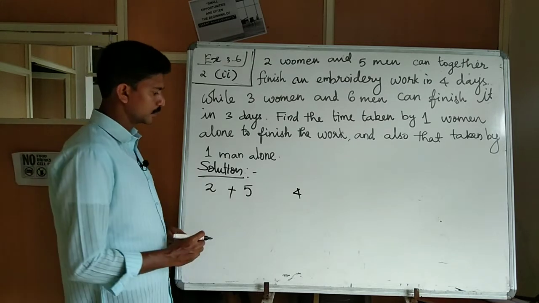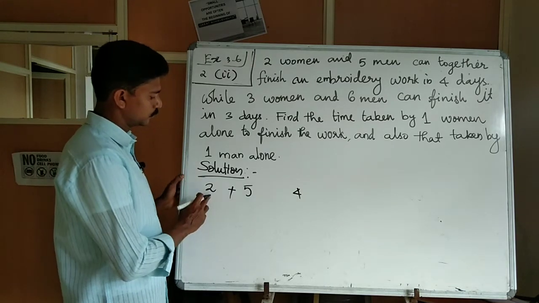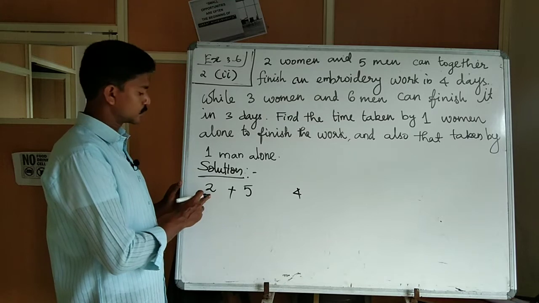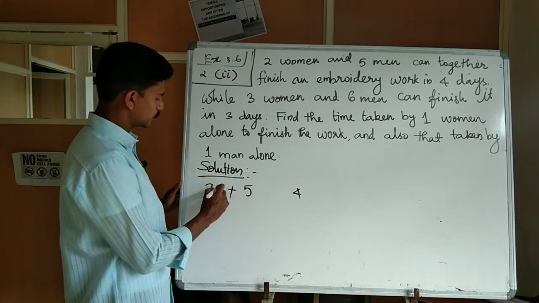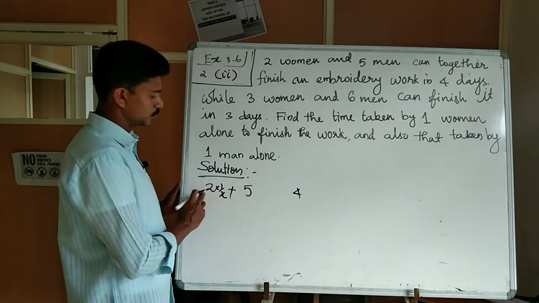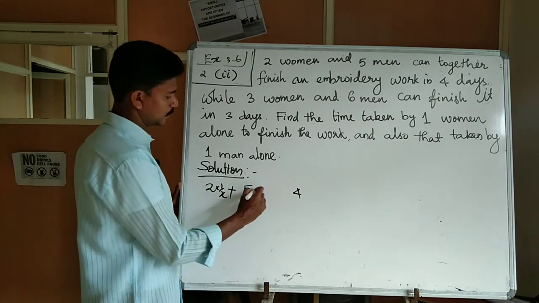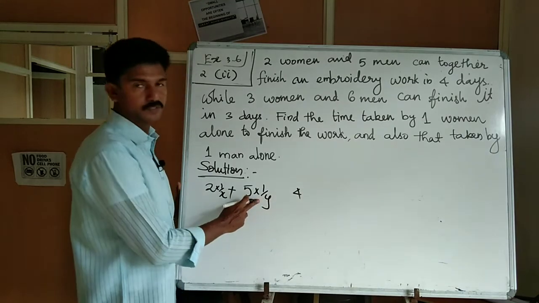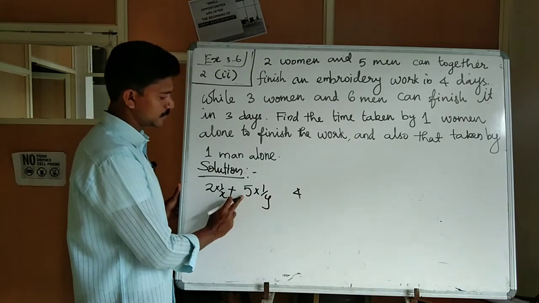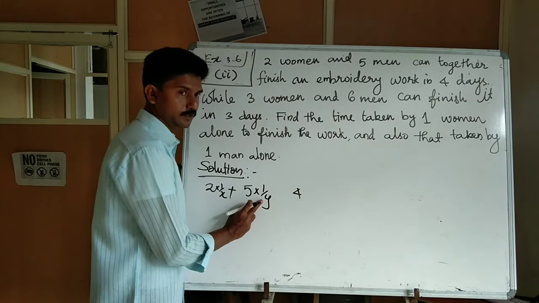So we are going to calculate two women's 1 day's work. Two women's 1 day's work means one woman's 1 day's work into 2, as there are 2 women. In the same way, one man's 1 day's work, and there are 5 men, so 5 into 1 day's work.